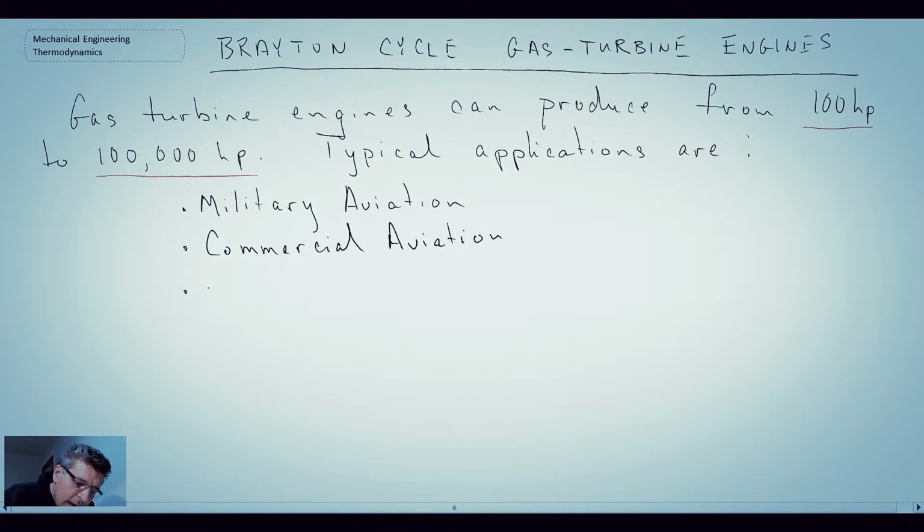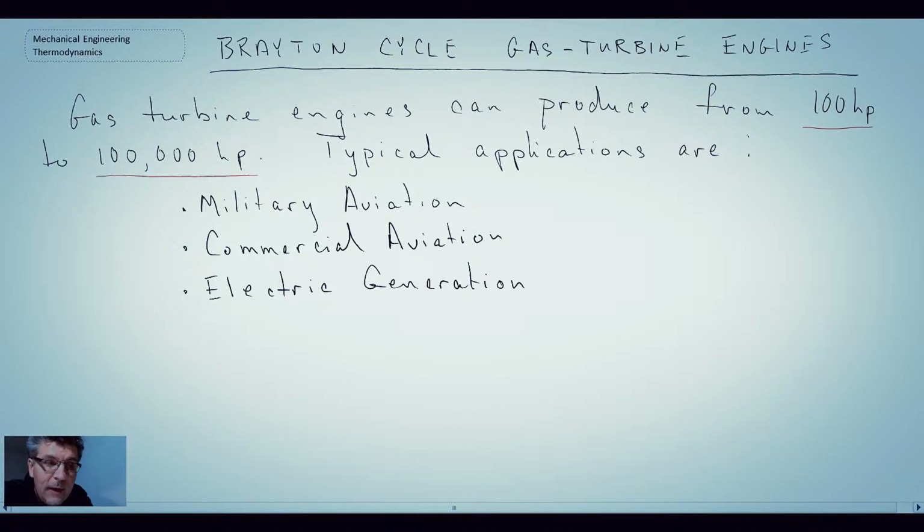We also use gas turbine engines for electricity generation. Now, you would not use the gas turbine engine to produce base load. For that, you would use either a nuclear power plant or a coal-burning power plant. But the place where we'd use the gas turbines is where we want ramping power.